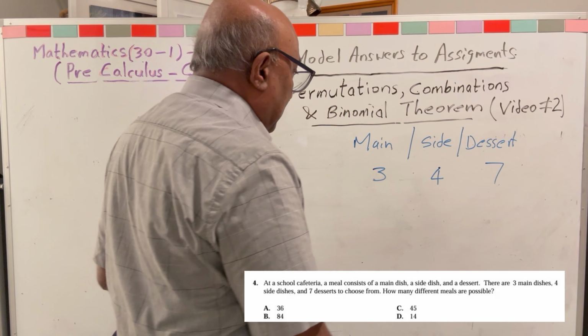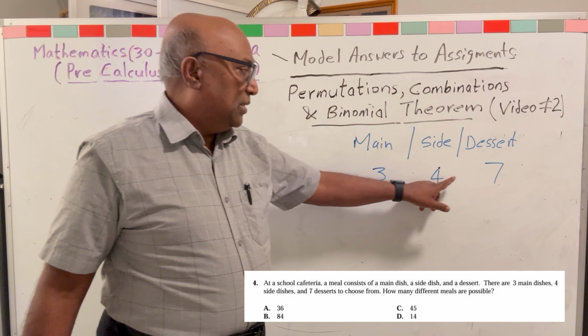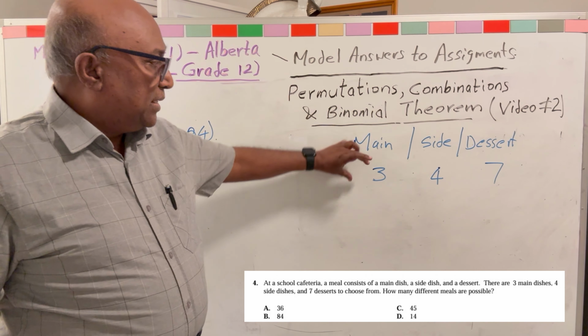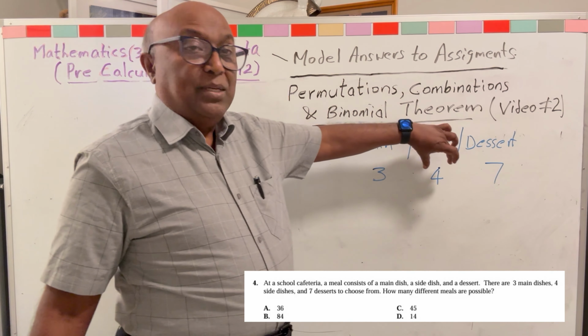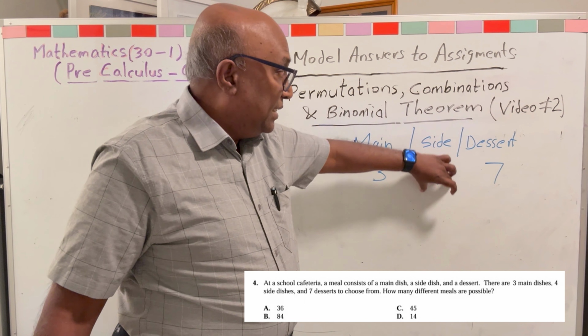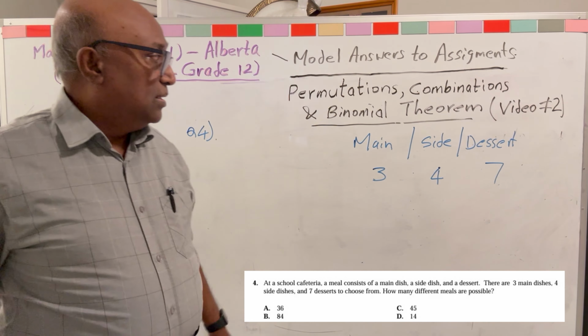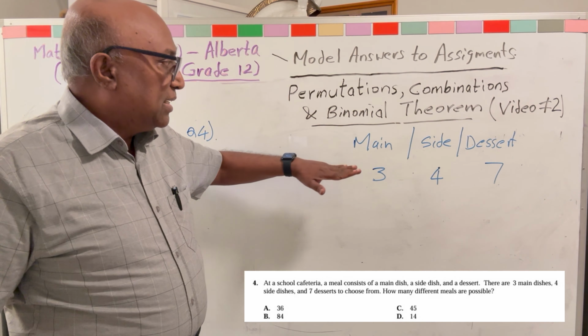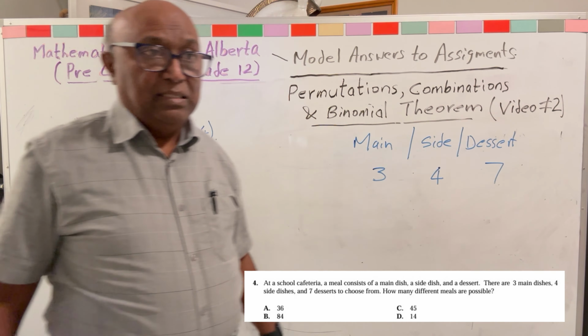Yes. This is also where we have to apply the fundamental counting principle. There are 3 options for main dish, 4 options for side dish, 7 options for desserts. We have to combine different kinds of main dish, side dish, and dessert.